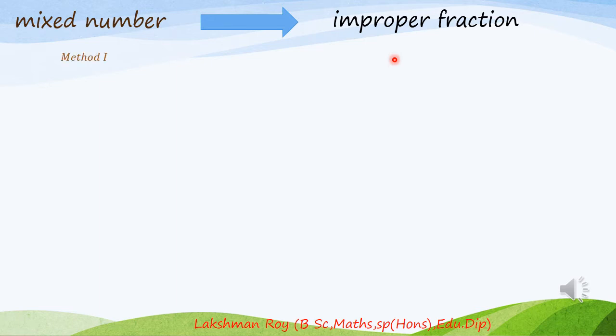So let's see using an example. Actually there are two methods, so I'll explain the two methods briefly. So when solving a question, you can apply one method. Let's see. So this is my method one. My mixed number is 1 and 3/4.